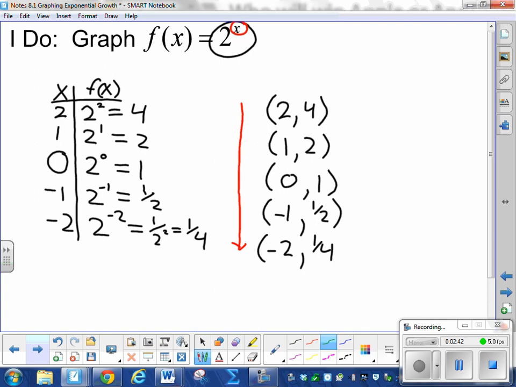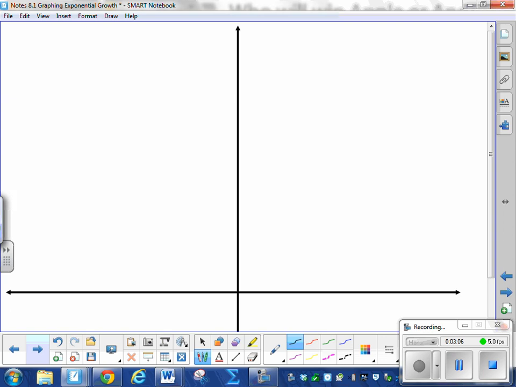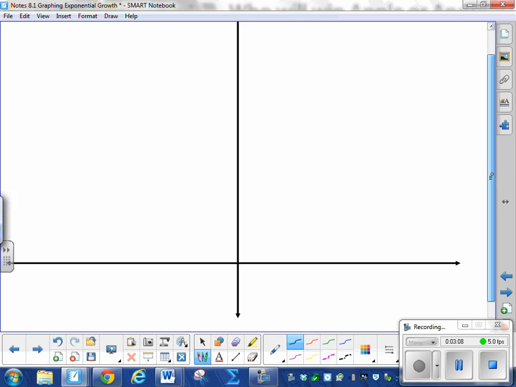Our y values are starting at 4 and then decreasing slowly to 1/4. So both of those are decreasing. Actually, starting from the left, which would be this negative 2, going to the right is another way you can think, and is probably the way that you should be thinking about it. So if those arrows didn't confuse you, then sorry about that. But let's go ahead and graph this.